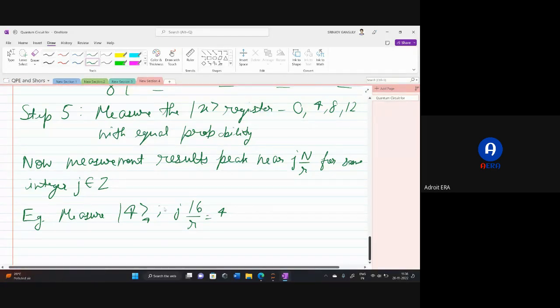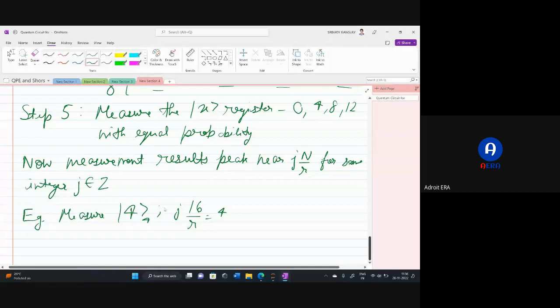Because the measurement results, what are we going to measure? We are going to measure either 0, 4, 8, or 12, and the measurement result should peak near jN by r. Therefore jN by r should become equal to 4, and N is equal to 16. Why 2 to the 4?